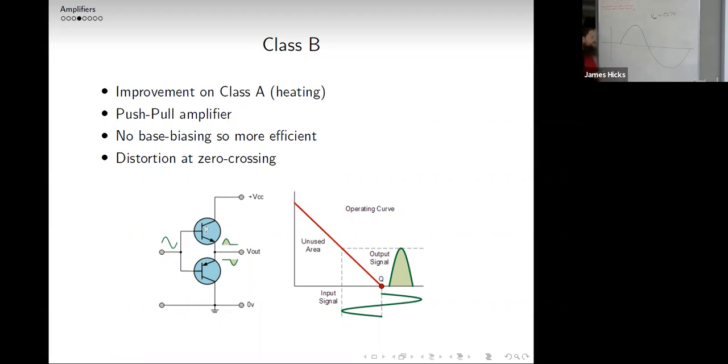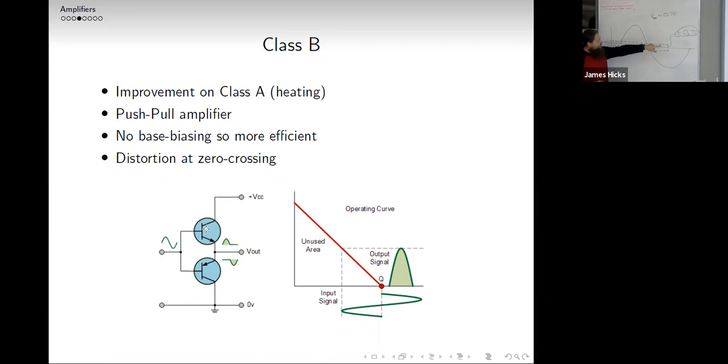And what that means is that you have a range, that range is plus minus 0.7 volts, where the transistors aren't really able to fully turn on or off.